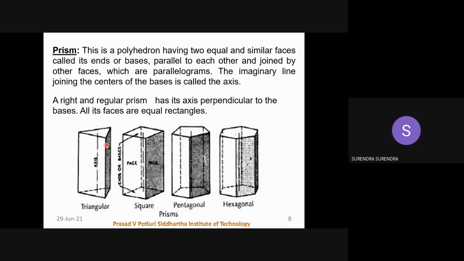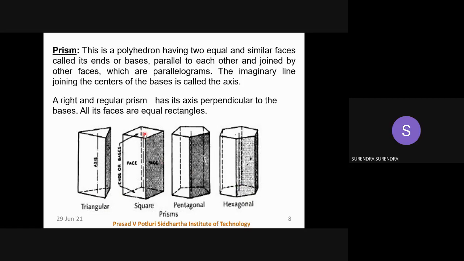Regular means the polygon in the base has all sides of equal length and equal inclinations. From our syllabus point of view, we have only right regular prisms, and at most we get these four shapes: triangular prism, square prism, pentagonal prism and hexagonal prism.